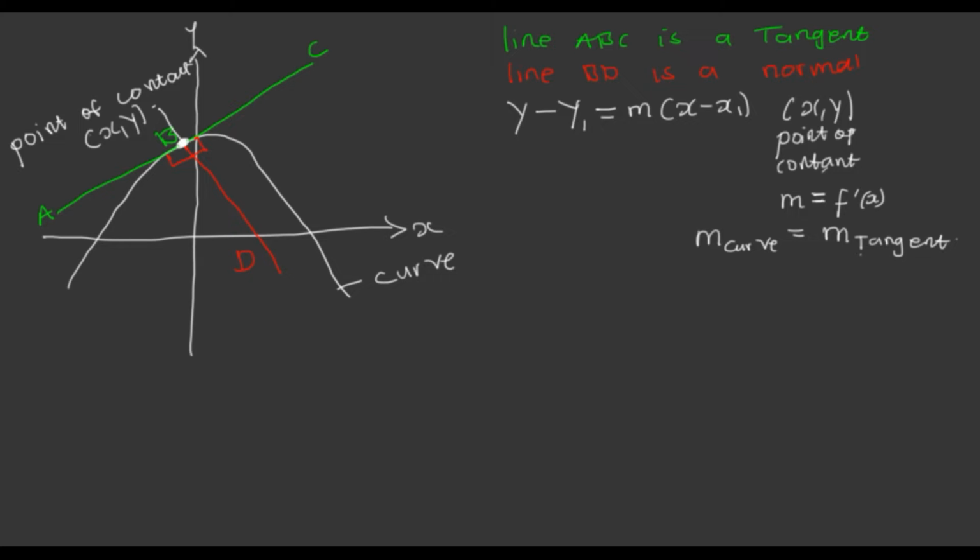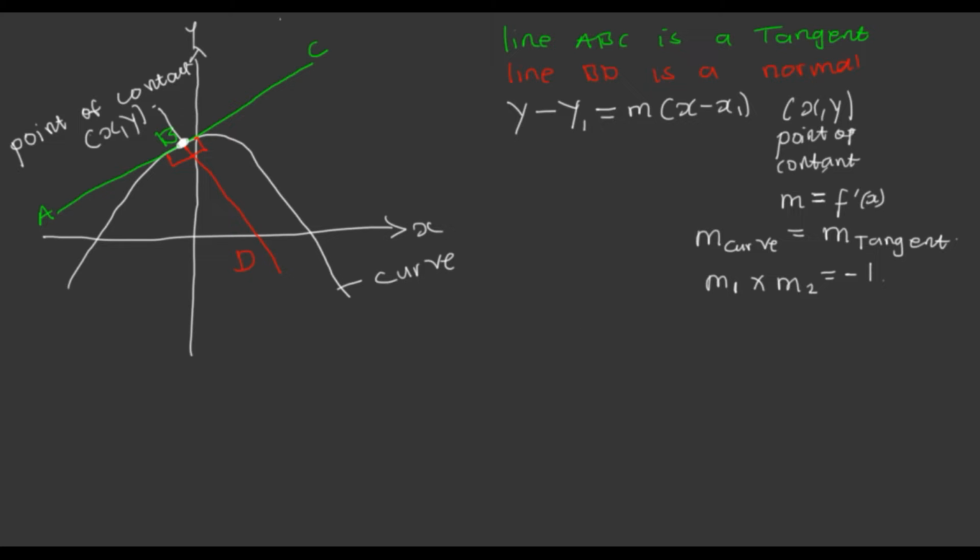The gradient of the normal, given the gradient of the curve, can be found as follows: gradient 1, the gradient of the curve, times gradient 2, the gradient of the normal, must be equal to -1. So these are the essentials that we have to know if we are dealing with the equation of the tangent and the equation of the normal.